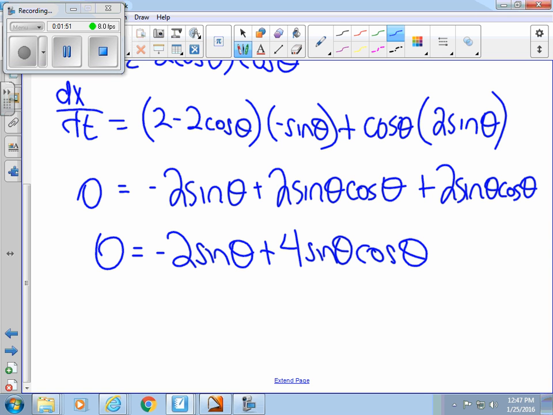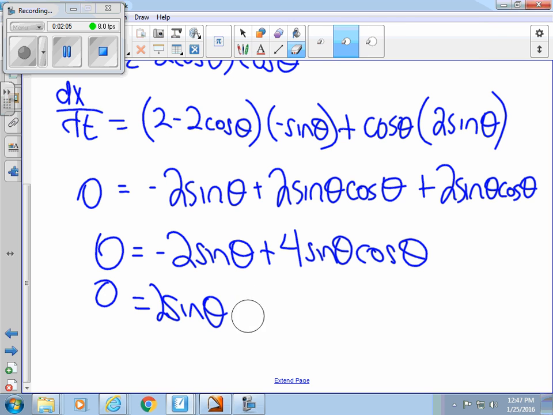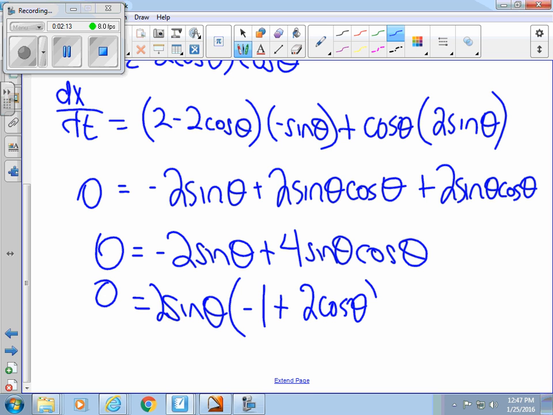Factor out a sine of theta. Everyone agree? If I were going to solve this by hand, I would have to factor out a sine of theta, 2 sine of theta if you wish. Not a requirement on the 2. So negative 1 plus 2 cosine theta.